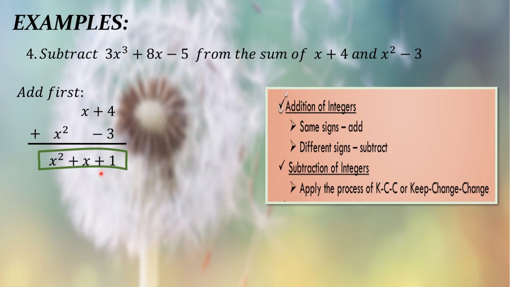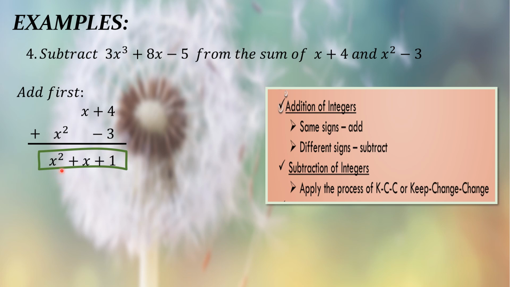Next, is to subtract x squared plus x plus 1 sa 3x cubed plus 8x minus 5. Okay, basahin ng mabuti ang ating instruction o ang given. Sabi dyan, subtract from. Ibig sabihin, mauuna dapat ang nasa pangalawang binomial bago ang una.